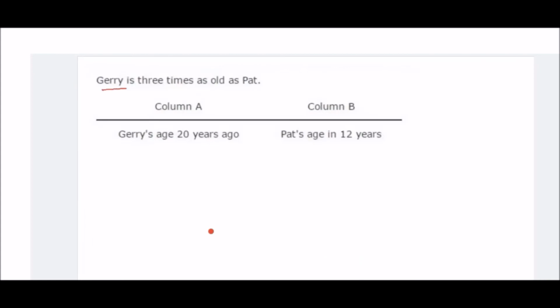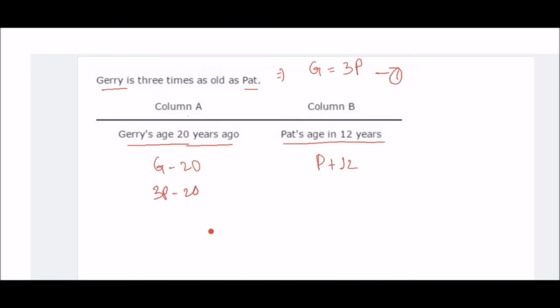Next question is, Gary is 3 times as old as Pat. So for column A, we have to find out Gary's age 20 years ago, and column B, Pat's age in 12 years. So from the question, Gary is 3 times as old as Pat, G equals 3P. So Gary's age 20 years ago will be G minus 20, right? So Pat's age in 12 years will be P plus 12. Substitute the G value from equation 1 in column A, that will be 3P minus 20 and P plus 12.